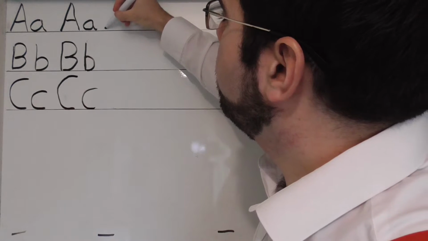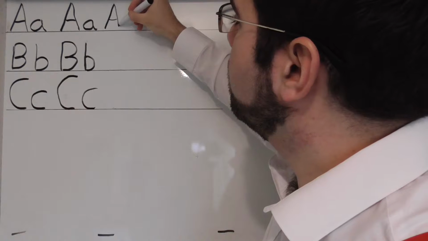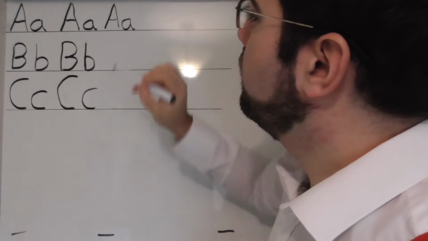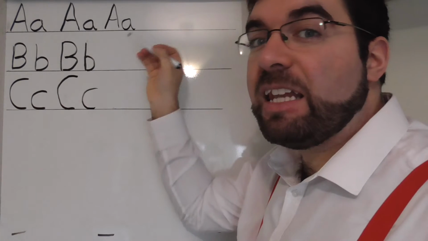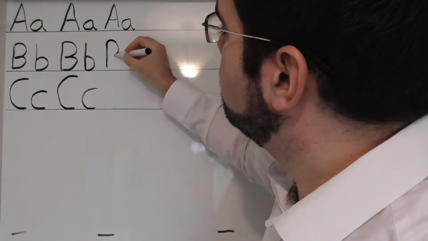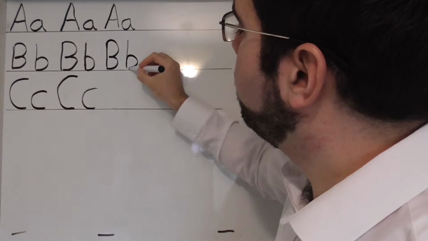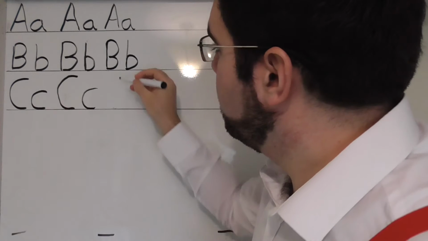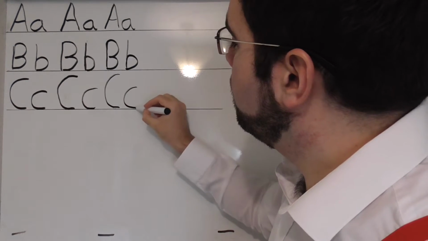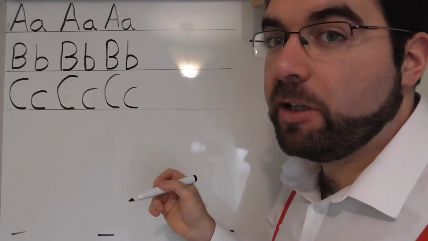So A, very good. Let's add a little extra there. Uppercase A, and lowercase a. And B, and b. Very nice. And C, and c. How beautiful.